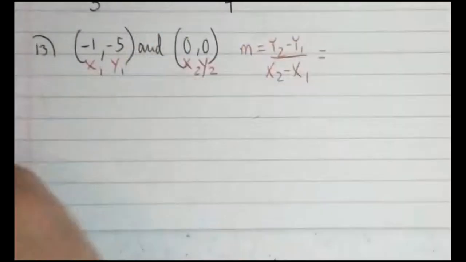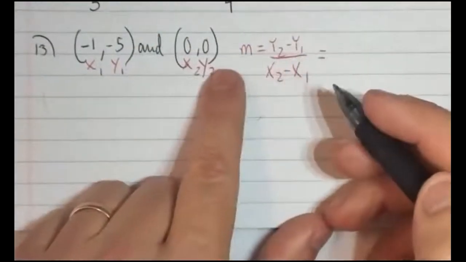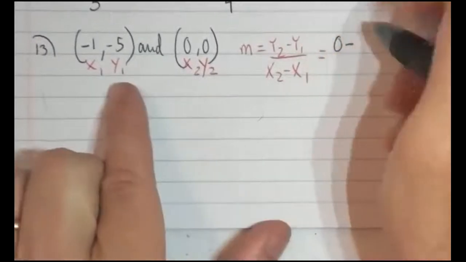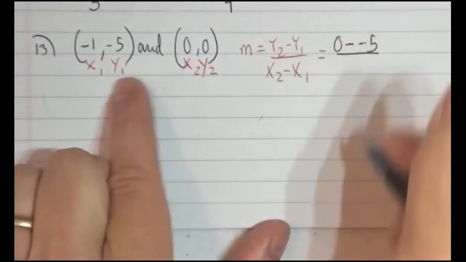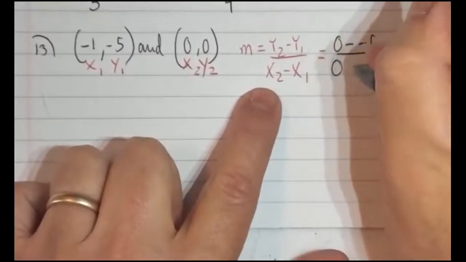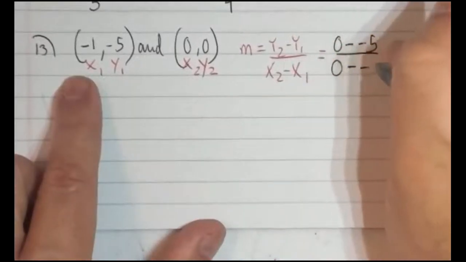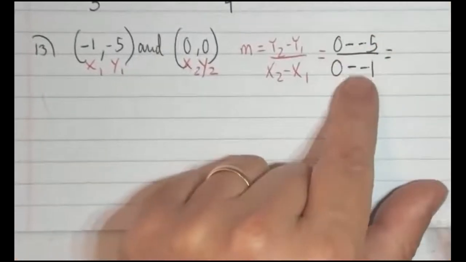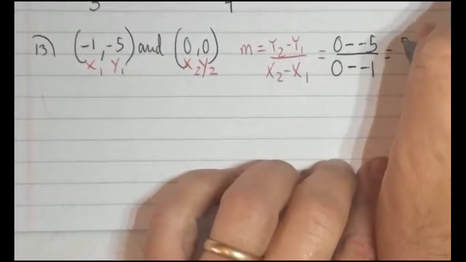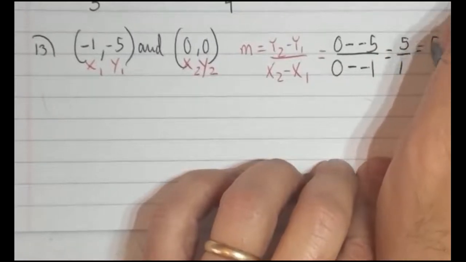I've got 2 points, so I use the slope formula: 0 take away -5, over 0 take away -1. Remember these double negatives, they make this 5 over 1, or just 5.